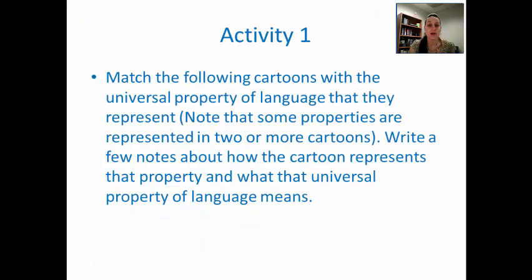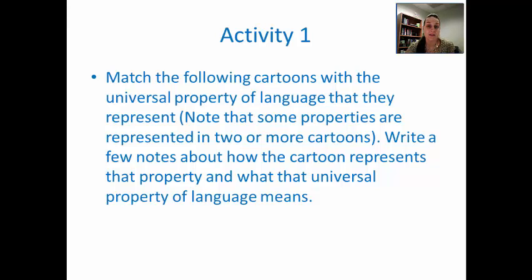Okay, so now that we've gone over the universal properties of human language, what I'd like you to do is the first activity, where I'm going to ask you to match cartoons with one of those universal properties of human language. You can also write a few notes about how the cartoon represents that property and what that universal property of language means.